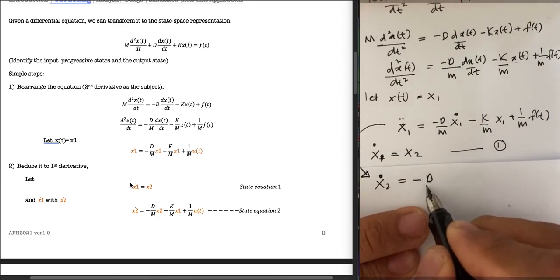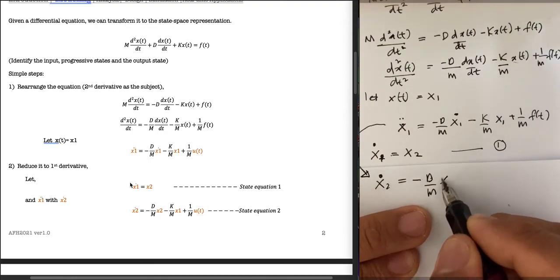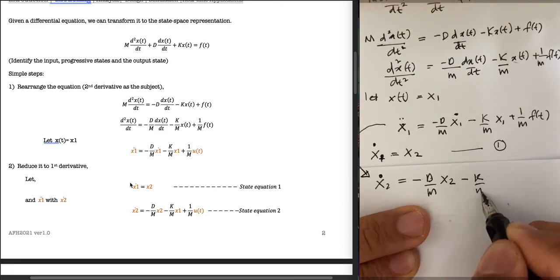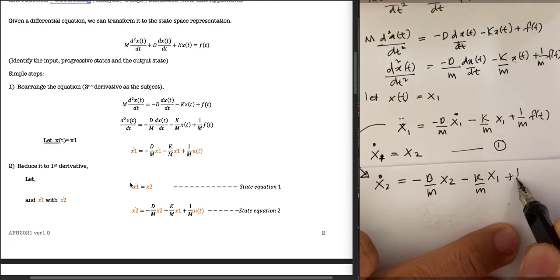So minus d over m's x1 dot equal to x2, right? So this is x2, minus k over m x1 remains, plus 1 over m f of t.